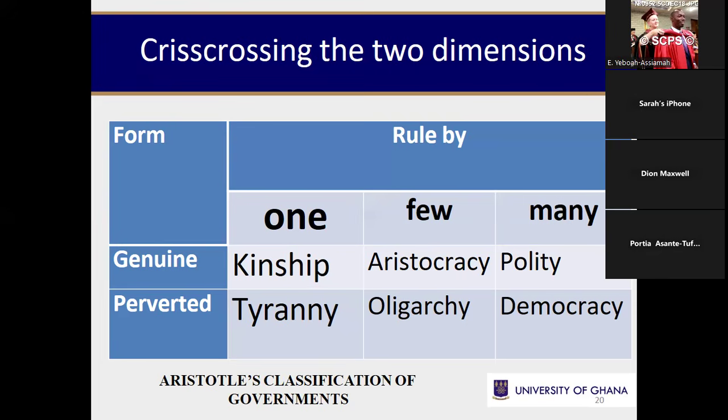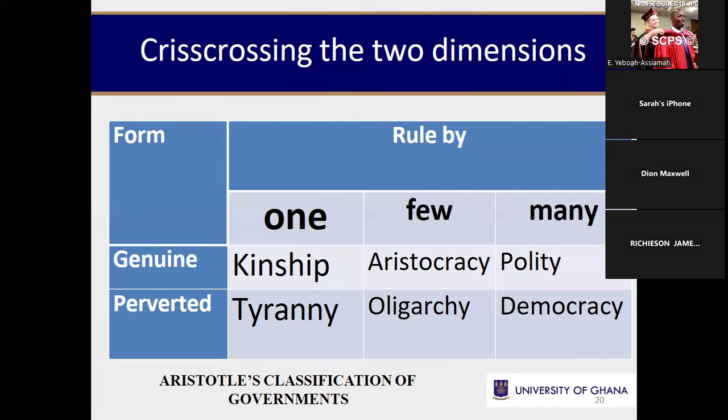However, if it was ruled by few people, but they were using the power in their own selfish interest, that's the perverted form, how did he call it? Oligarchy. Ruled by few in their own interest.